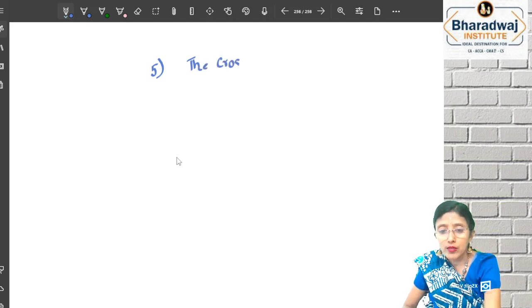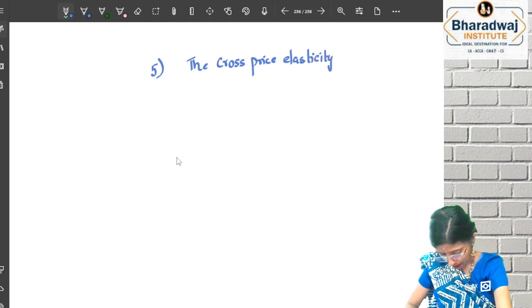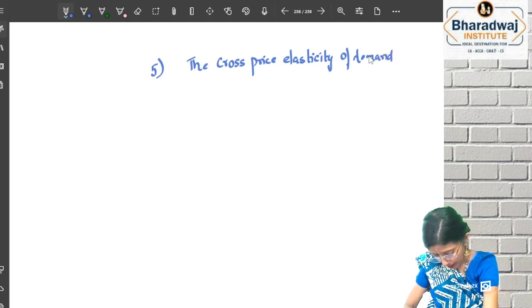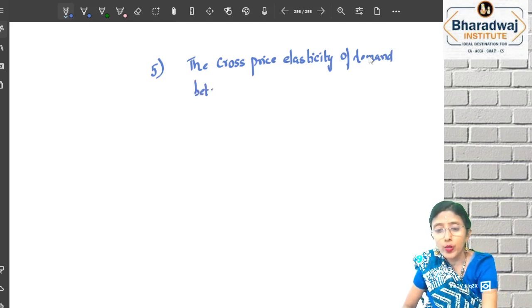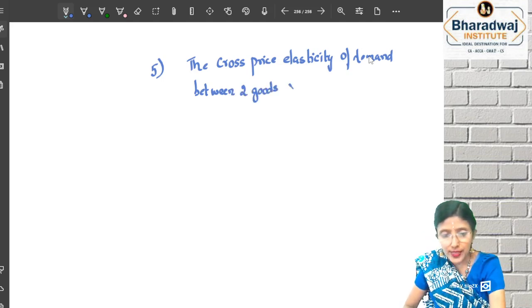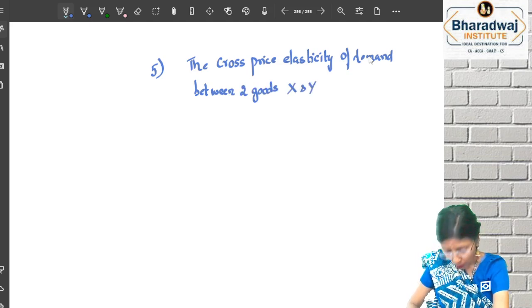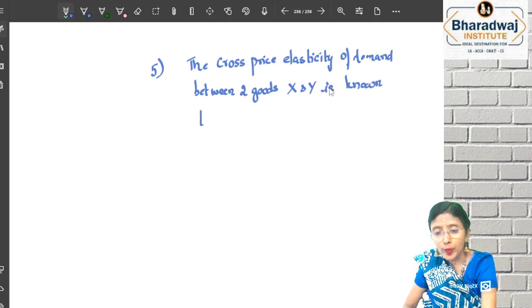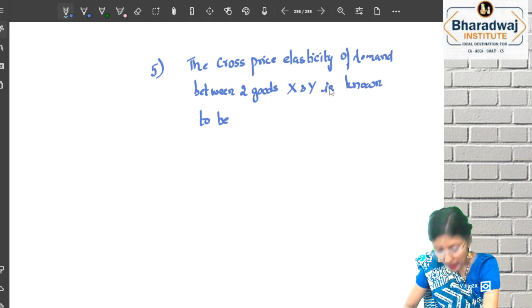The cross price elasticity of demand between two goods, X and Y, is known to be minus 0.8.